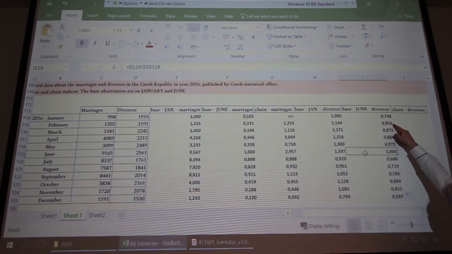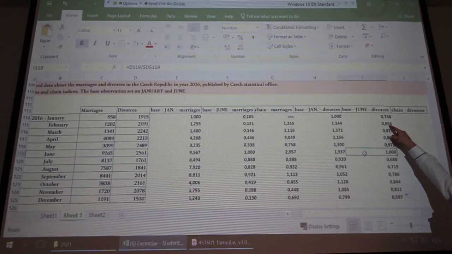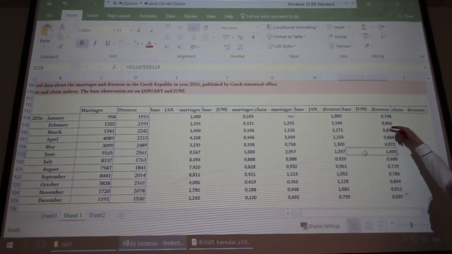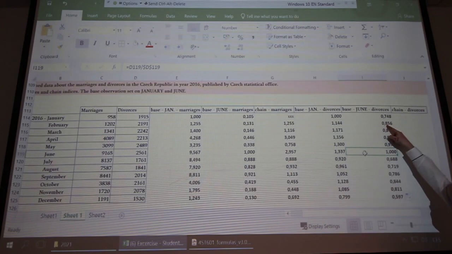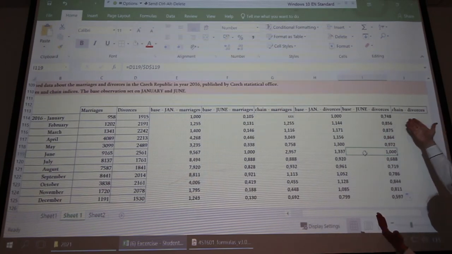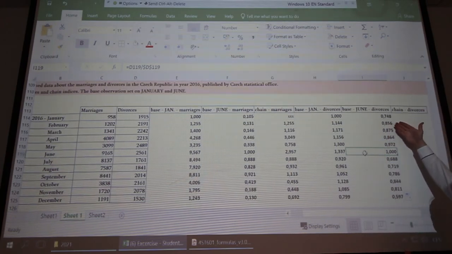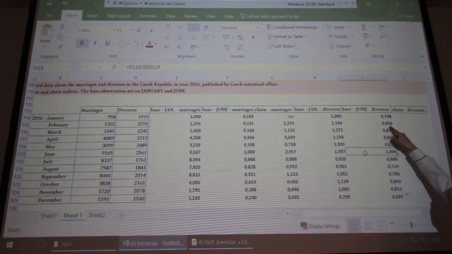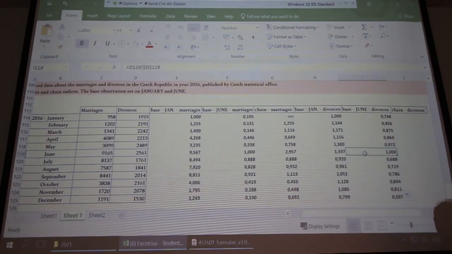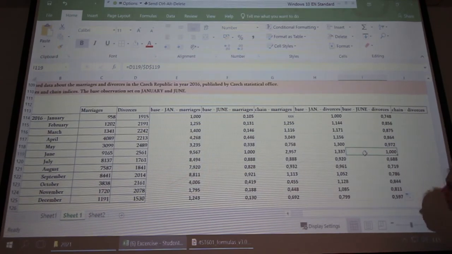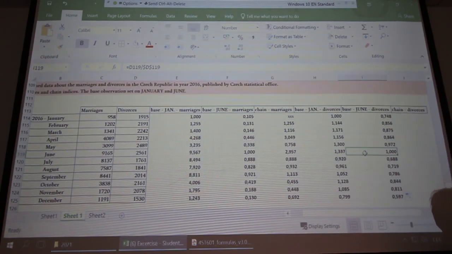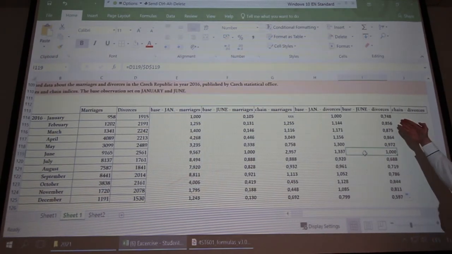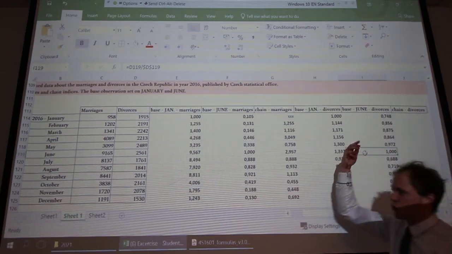And again, some interpretation. On February, the number of divorces decreased. We had a smaller amount of divorces, smaller by 14.4% in comparison with June.